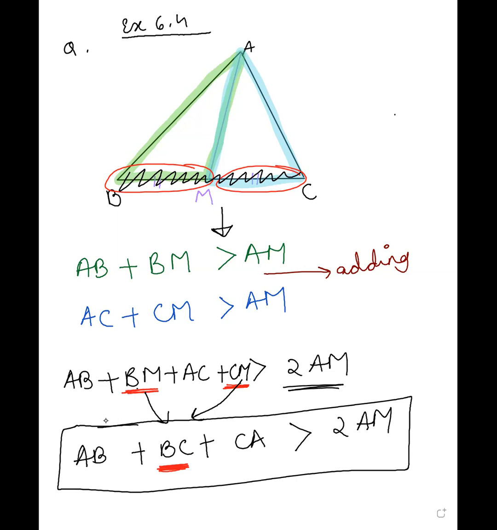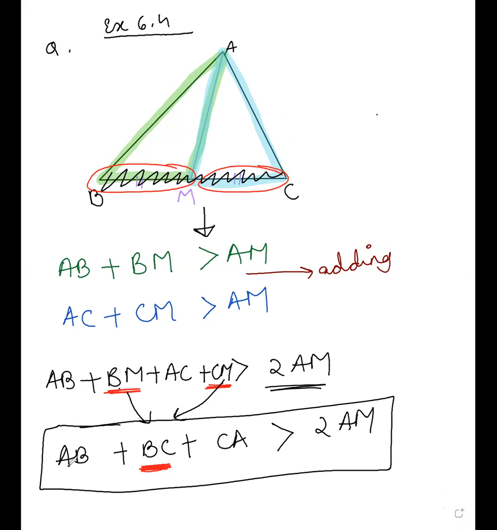And how did we get this result? The question says AB plus BC plus CA is greater than 2AM. They're asking whether it is greater than 2AM or not. They have even written a hint that you have to consider the sides of these two triangles.